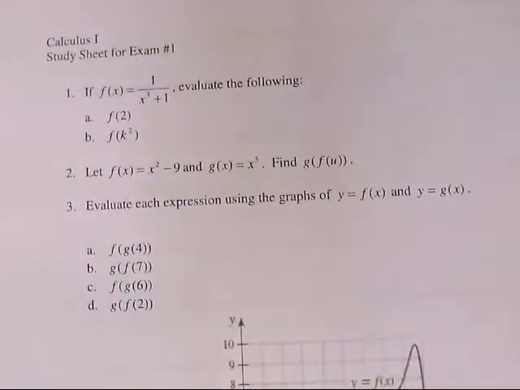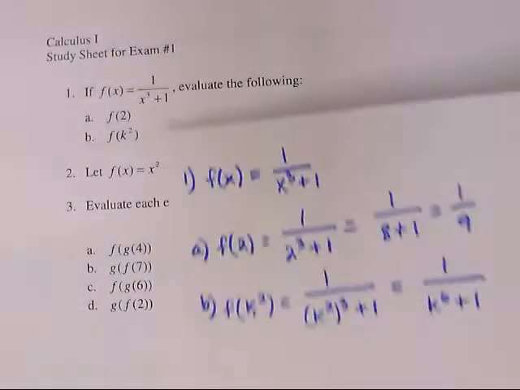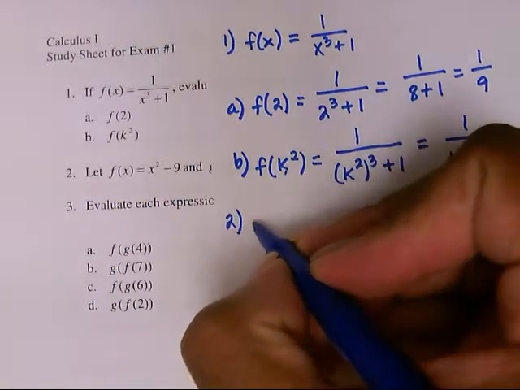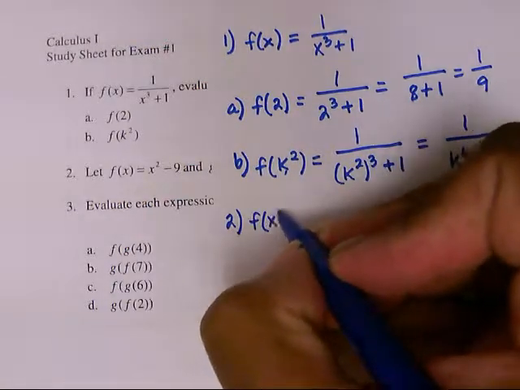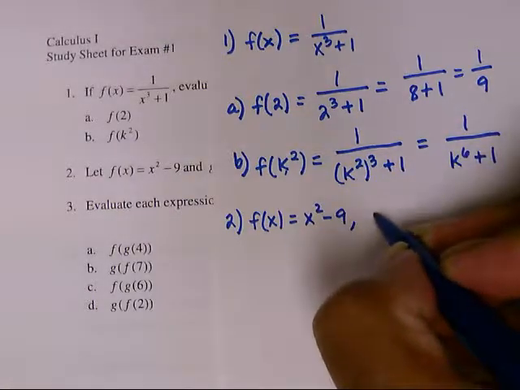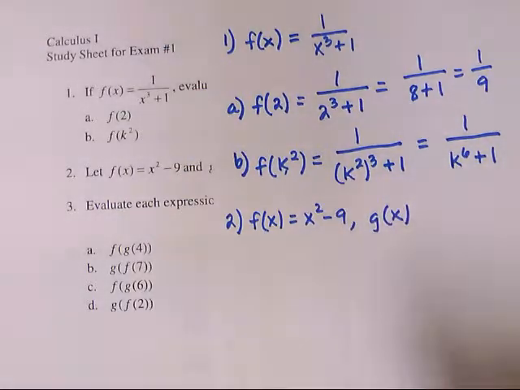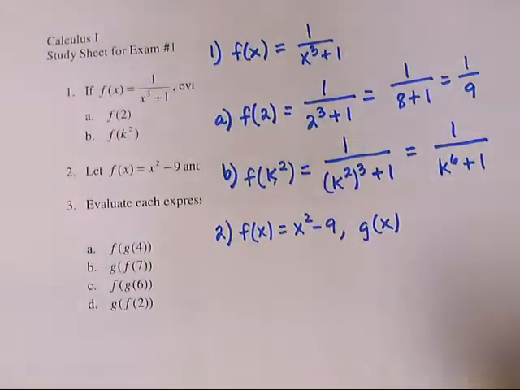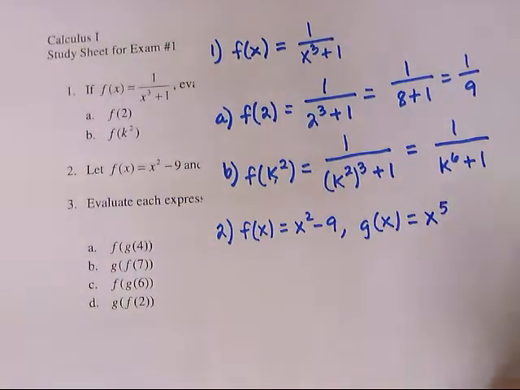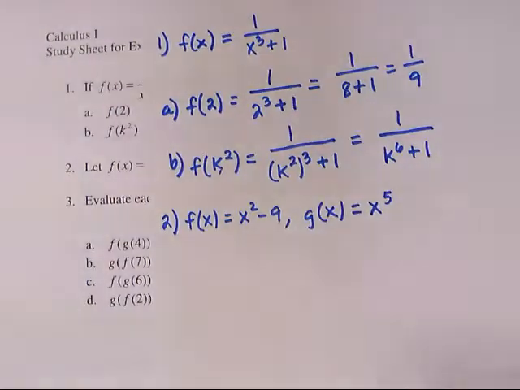Number 2, if f of x is equal to x squared minus 9 and g of x is equal to x to the fifth, we want to find g of f of u. So here f of x is x squared minus 9. G of x was x to the fifth. And we want g of f of u.